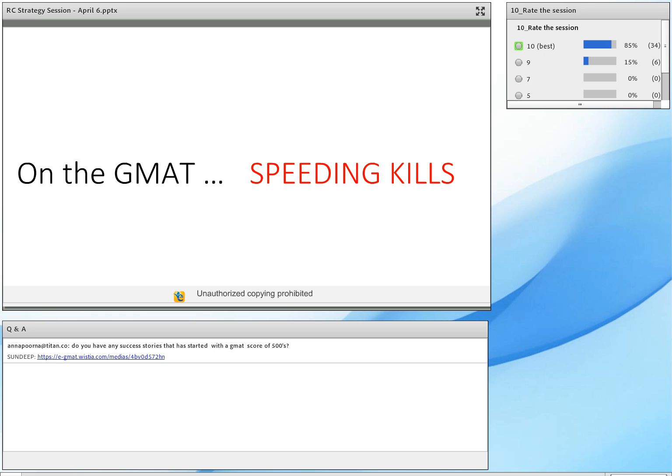Timing is something which is very personal to you. People usually go by the averages, that on average for an SC question you should be taking a minute to 90 seconds, for a CR question 2 minutes, or whatever the case may be, right? But those timings are a lot more generalized. Your timing should be your own.